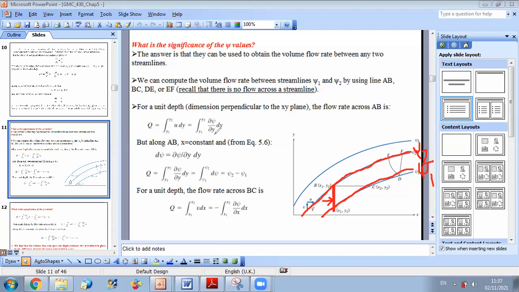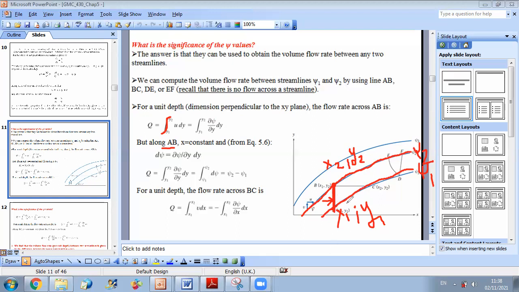And along line AB, we can then say that q can be defined as an integral from, if this point is characterized by x1, y1, and this point is characterized by coordinates x2, y2, then we can say that the flow rate per unit depth.